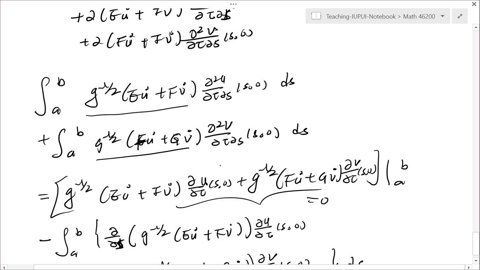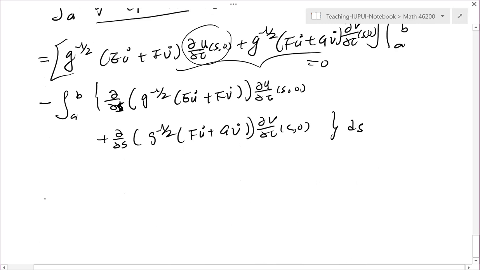Because the derivative is 0 when S equals A and S equals B. So you only have those two terms left.